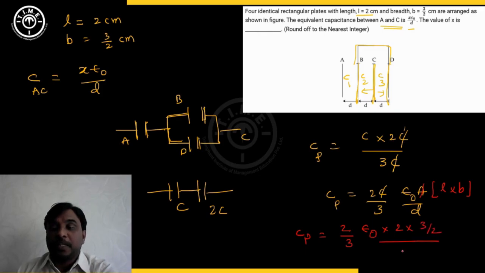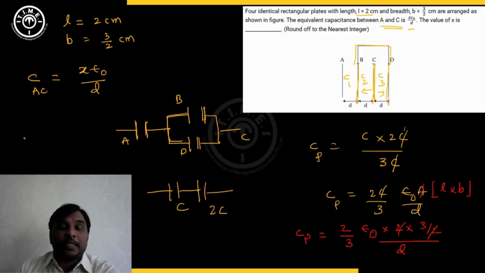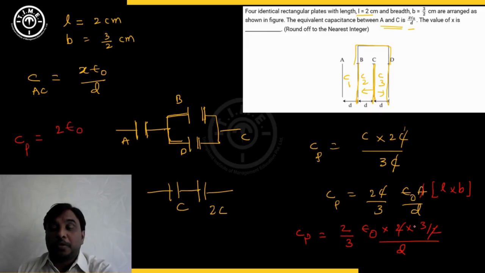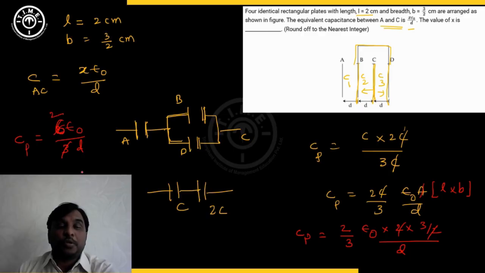Distance between them is D. So 2 and 2 get cancelled. Final answer is how much? CP is equal to 2 epsilon naught into 3, 6 epsilon naught by 3D, or 3 ones and 3 twos. So CP can be written as 2 epsilon naught by D.